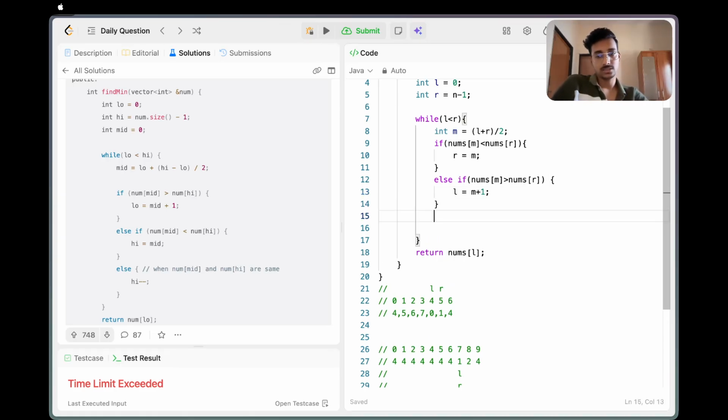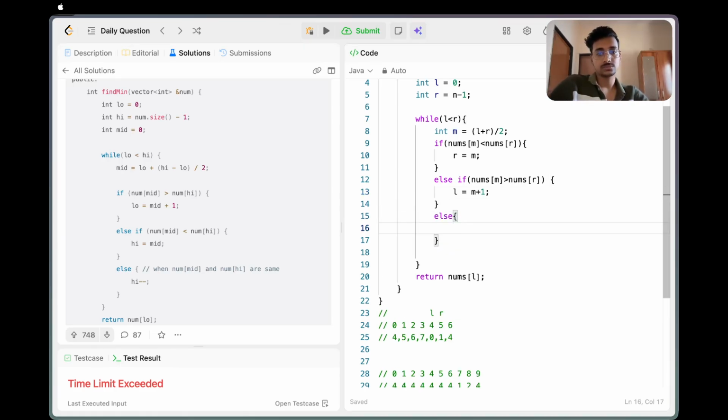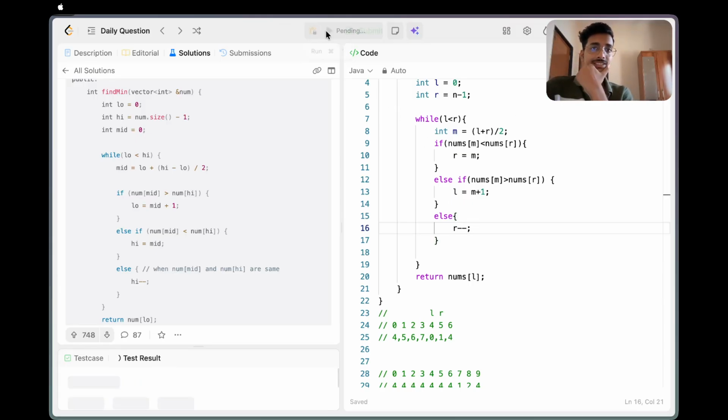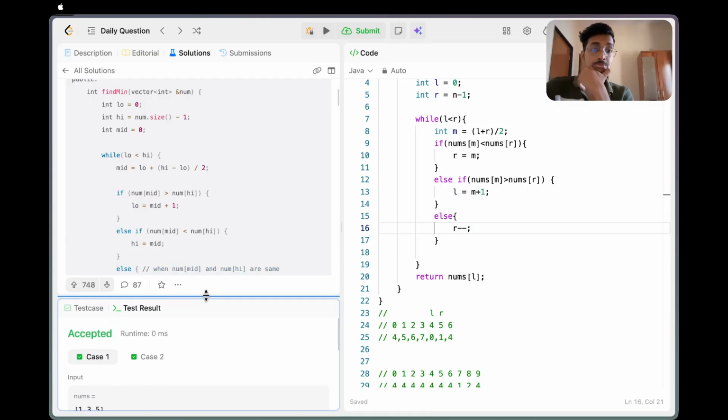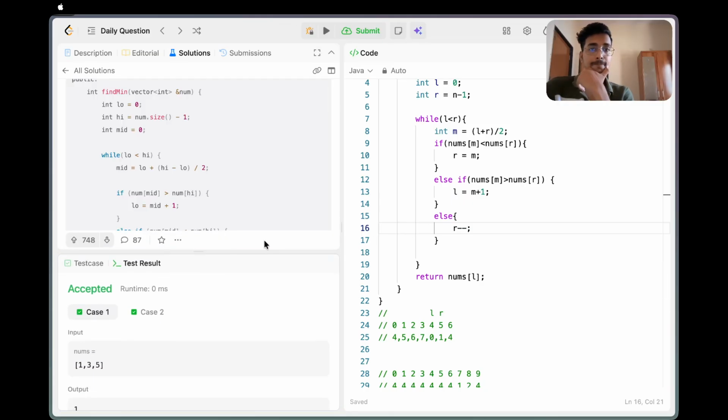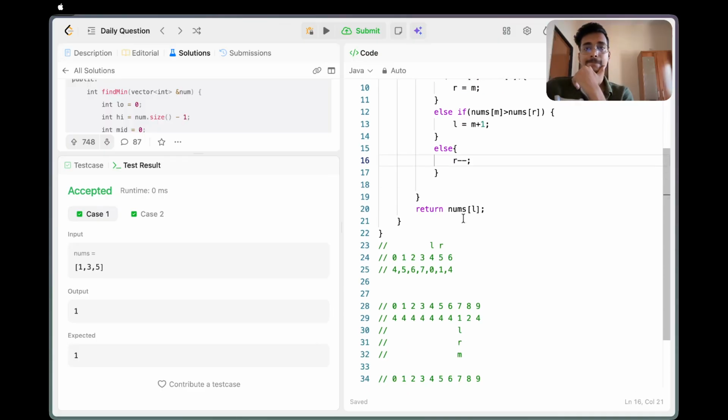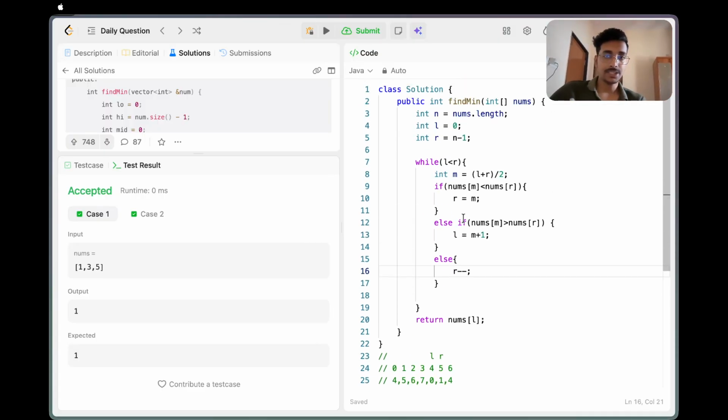Okay, is that easy? What exactly is happening? The problem crux is that I need to check two things, mid and right.